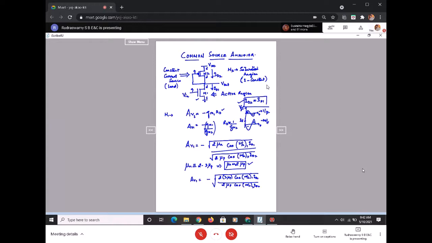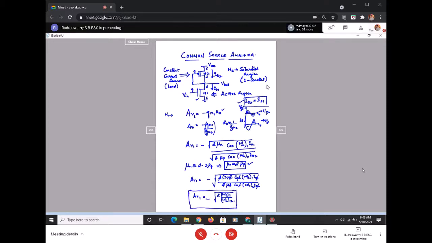The 2, mu p, Cox cancel. ID1 and ID2 get cancelled because both are equal now. So I'm left with AV1 equals minus of square root of 2 times W by L1 divided by W by L of 2. This is the expression I finally get.